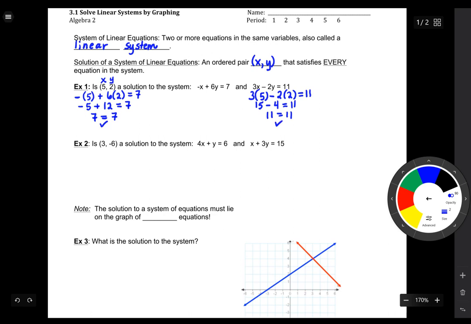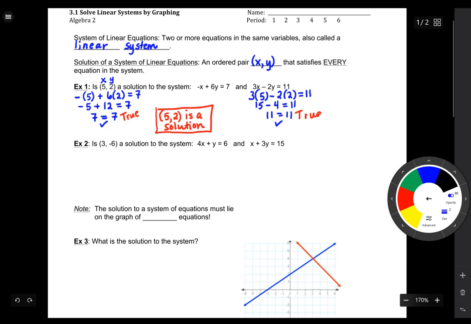We had both trues. When both of those are true, then yes, 5, 2 is a solution. So I'm going to put true, true. Therefore, 5 comma 2 is a solution. But you don't just say it's a solution without showing your work. So that's why I showed my work.